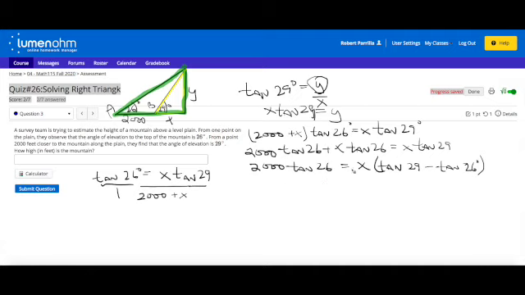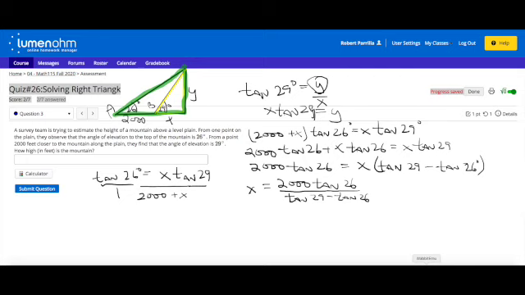Okay, so far so good. And now x will be by itself if I divide this up. So I'm going to have finally x is equal to the 2000 tangent of 26 in the numerator, and the denominator will be tangent 29 minus tangent of 26.